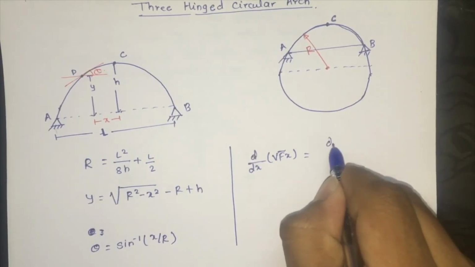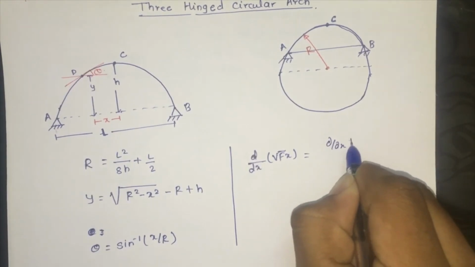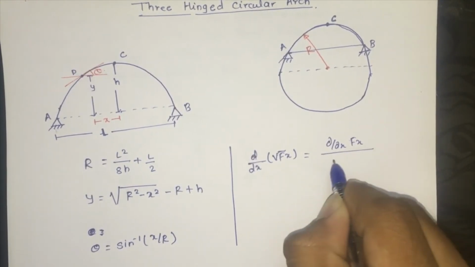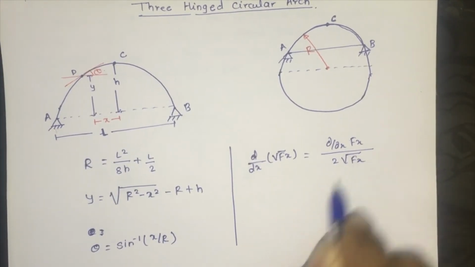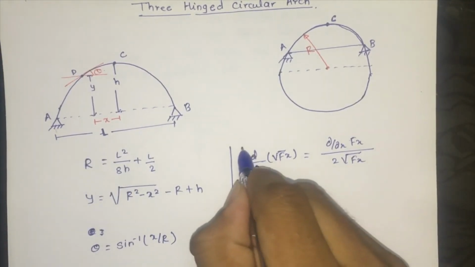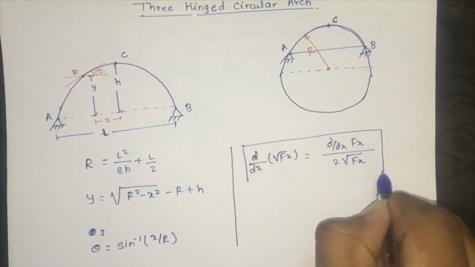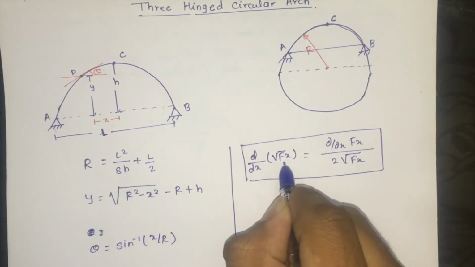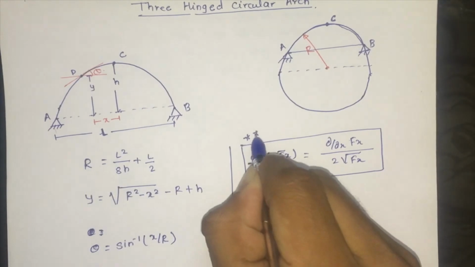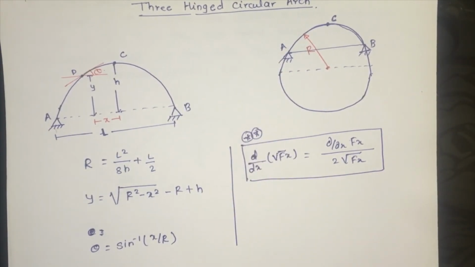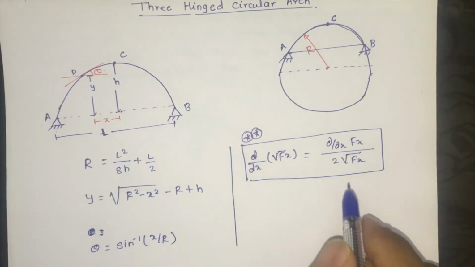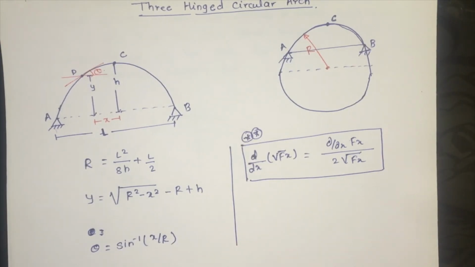The derivative of this is d by dx of f(x) divided by 2 into root f(x). Okay, so this is the derivative of root of f of x. Remember this. These terms may come while solving the problems. So you have to remember this derivative.